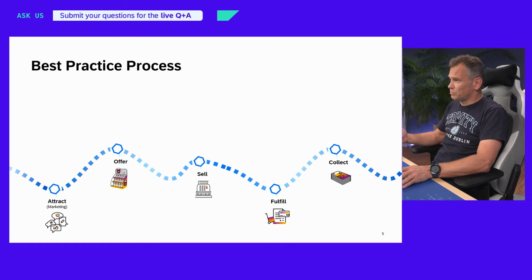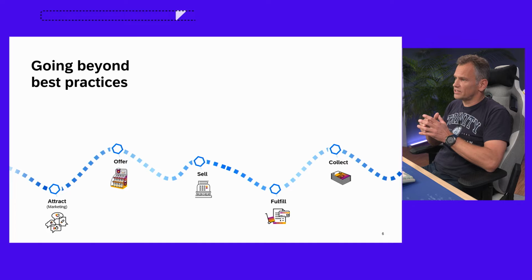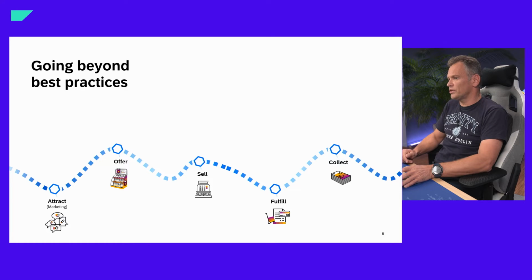Those are best practices which you can buy, for example, or introduce with SAP systems: S/4HANA, SuccessFactors, Ariba, Fieldglass. All of those are products which help you to implement and run your company according to these best practices. But best practices are not always good enough.